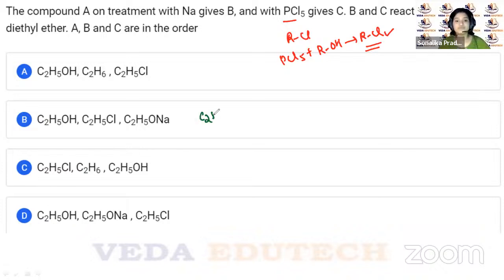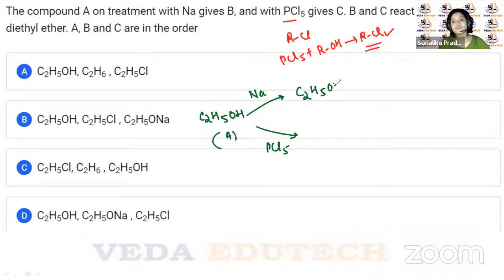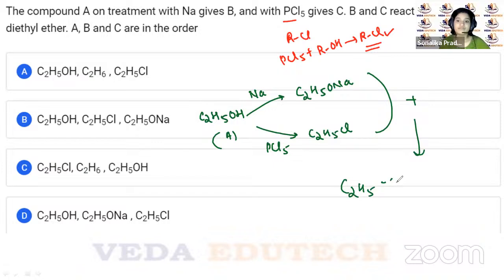So we have C2H5OH. One side we take it as A and we treat with Na and we treat with PCl5. So we are going to get C2H5ONa. Here we are going to get C2H5Cl. So when we combine this, what are we going to get? C2H5OC2H5. Can I say this is correct?